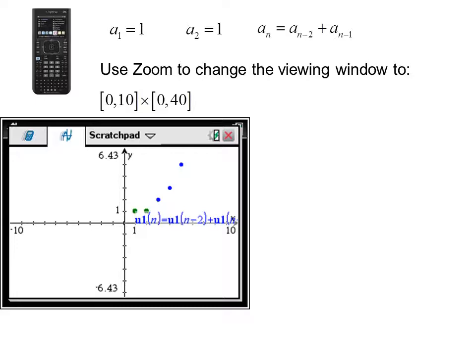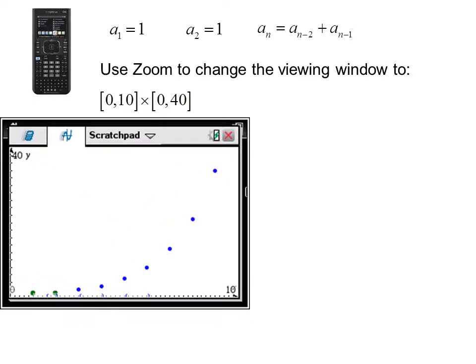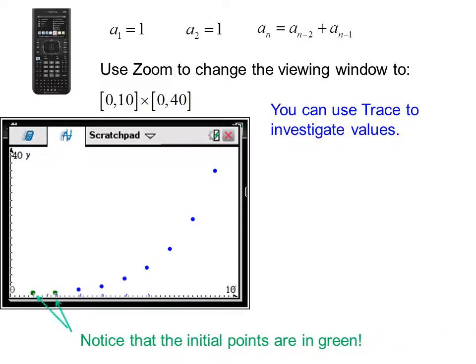We use Zoom to change the viewing window to 0 to 10 times 0 to 40. You can use trace to investigate the values. Notice that the initial points are in green.